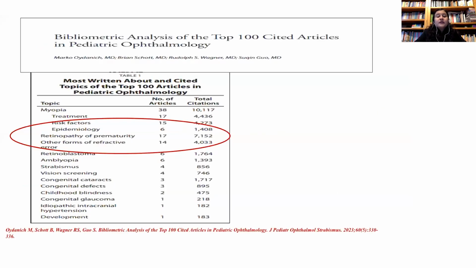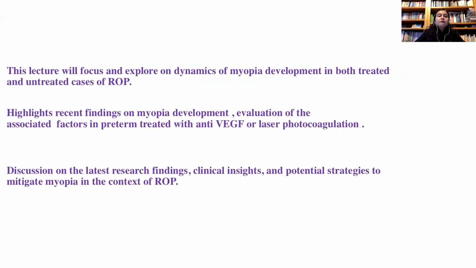This article in the Journal of Pediatric Ophthalmology and Strabismus reported that retinopathy of prematurity is the second most written about and cited topic of the top 100 articles in pediatric ophthalmology, followed by myopia. So this lecture will explore the dynamics of myopia development in both treated and untreated cases of ROP.